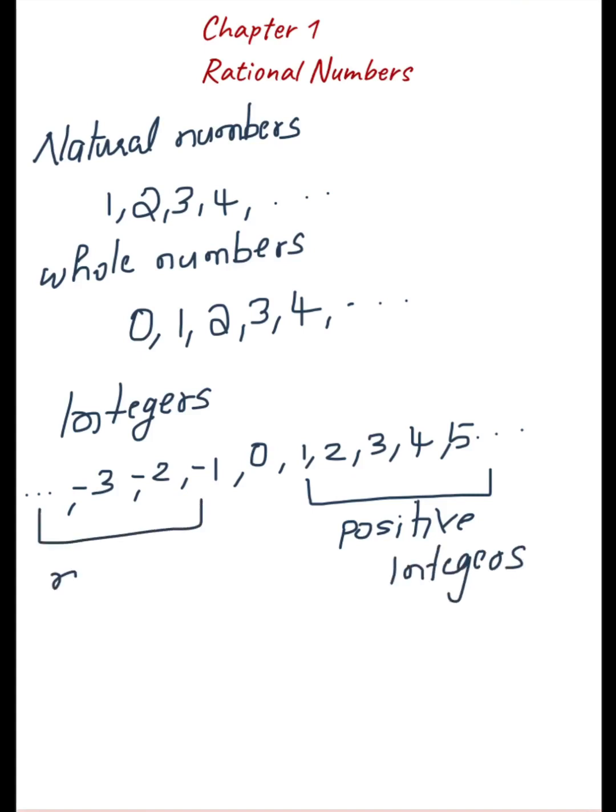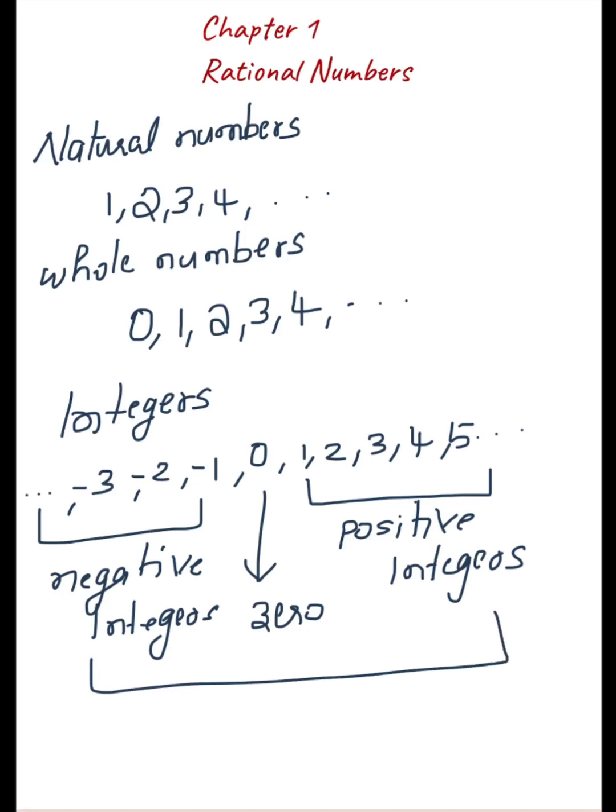So we will have positive integers, negative integers, and 0. Okay, these three constitute integers.